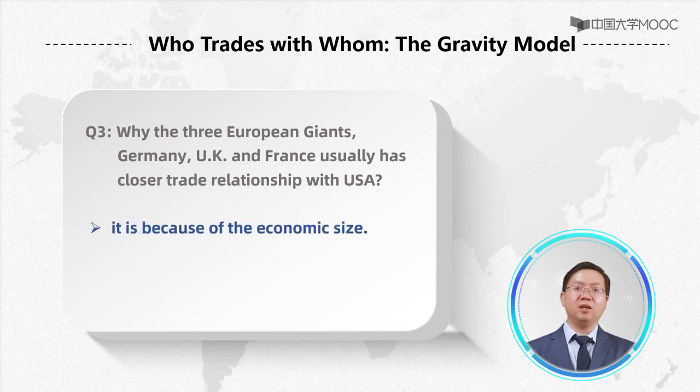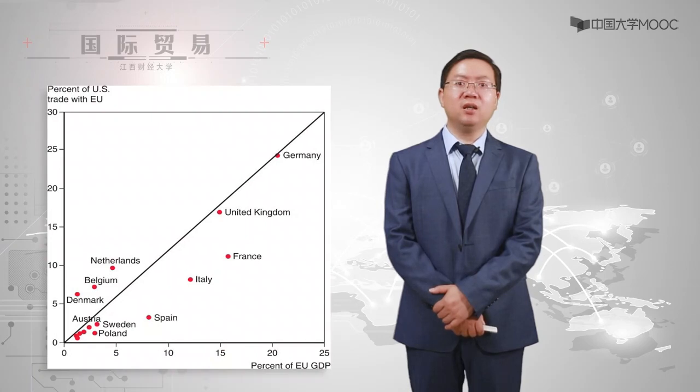Once again, it's because of the economic size. Figure 3 shows the relationship between the size of European economies and the value of trade with the United States. From this, we can find that the trade relationships of individual European countries are closely related to economic size.